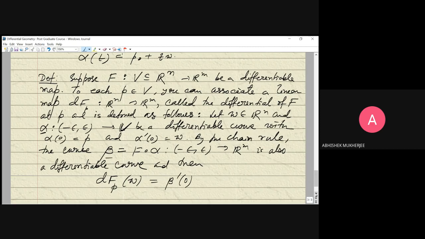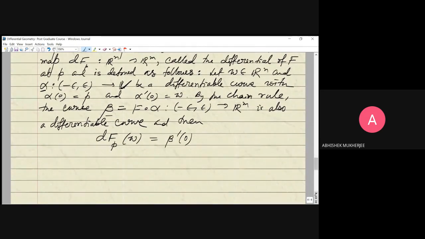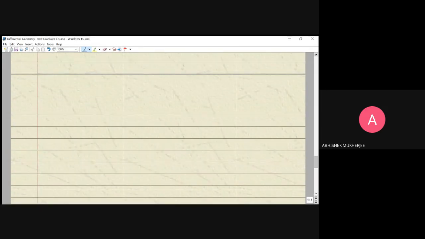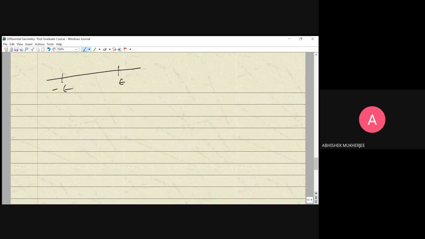That is, if you just draw the picture, then you will see that this is your minus epsilon to epsilon.